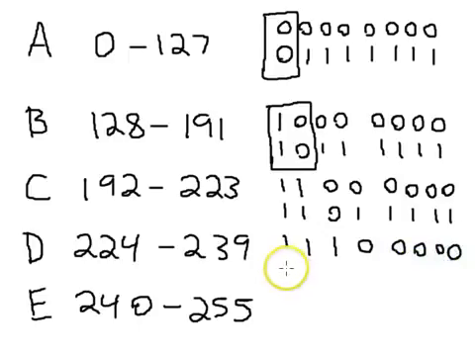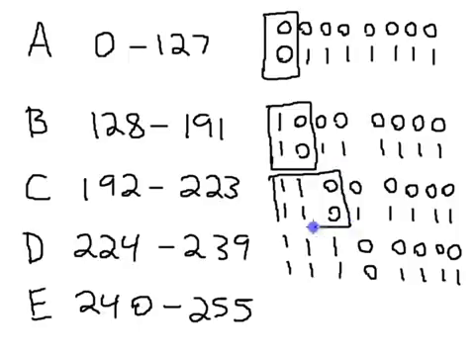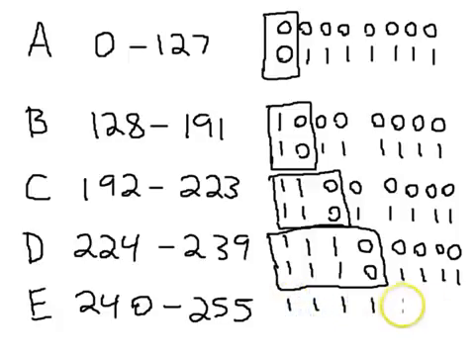And the last one, 239, is 1, 1, 1, 0, 1, 1, 1, 1. So from this you can already guess the pattern. This is two 1s and a 0. This is three 1s and a 0. So we can probably guess 240 is going to be four 1s in a row, and that is what it is: 1, 2, 3, 4, and zeros.